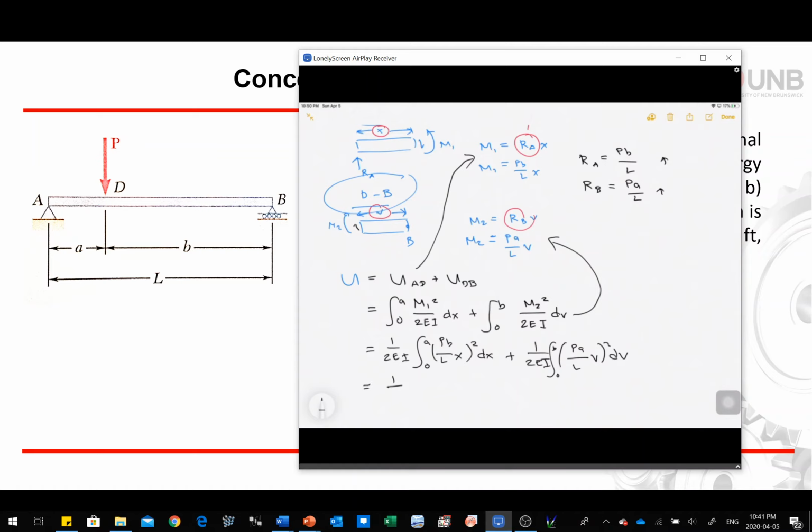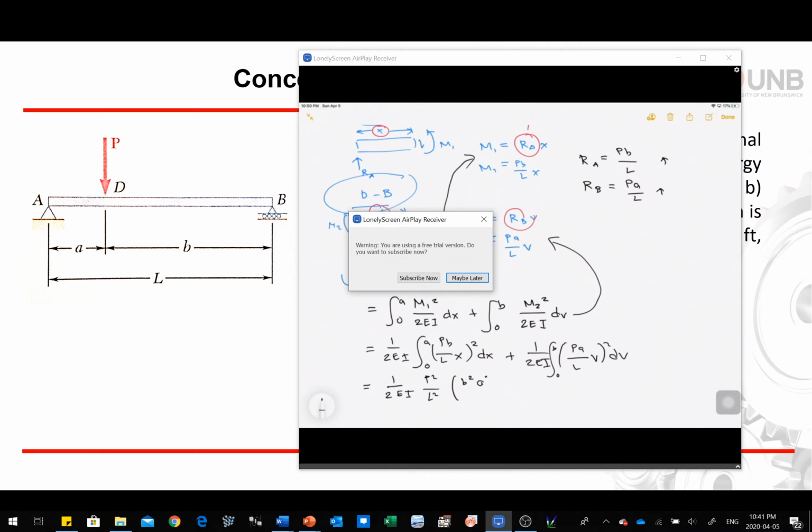So that's 1/2 EI, B squared over L squared, times B squared A cubed over 3 plus A squared B cubed over 3, and that's equivalent to, so this is the simplified version, you're going to get strain energy equal to P squared A squared B squared over 6 EI L squared, times (A plus B).